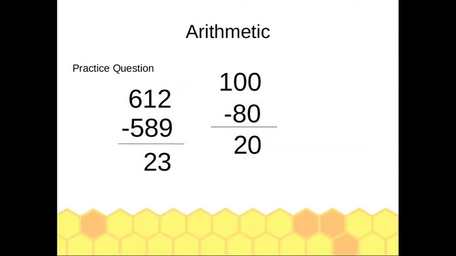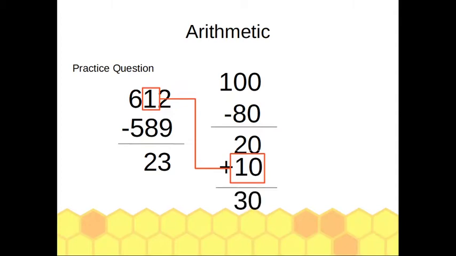But we must focus first on the number 1, which is truly the number 10. We add this to our partial answer of 20. Then we get 30. There is a question again: why are we adding 10? We add 10 because our minuend is incomplete.